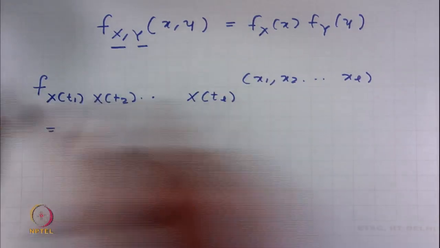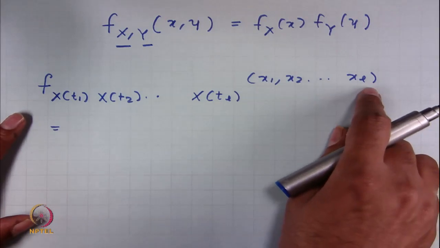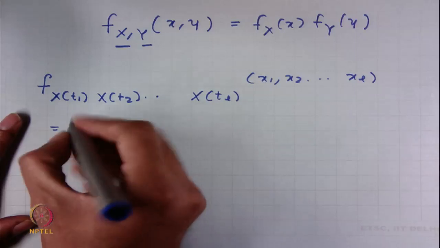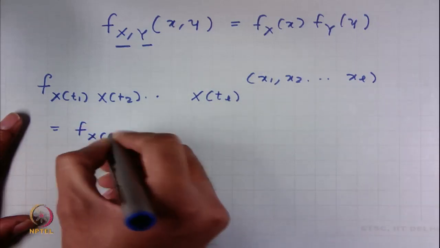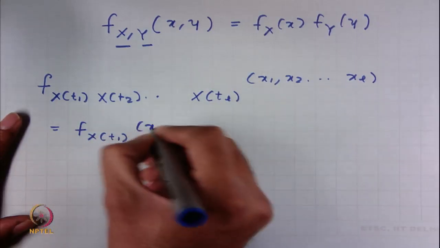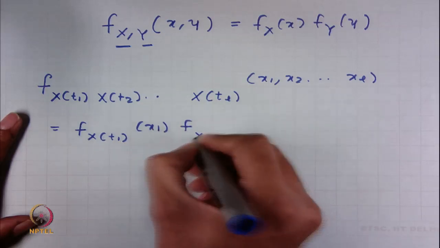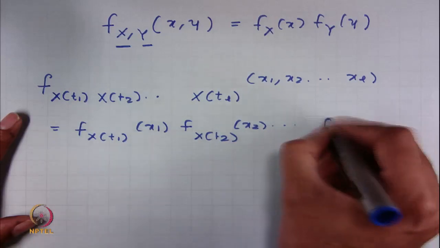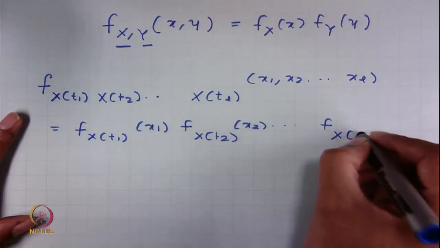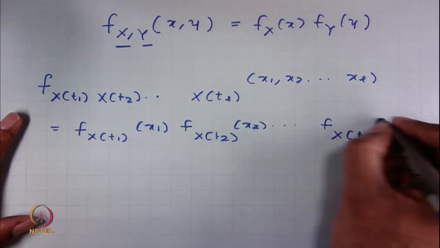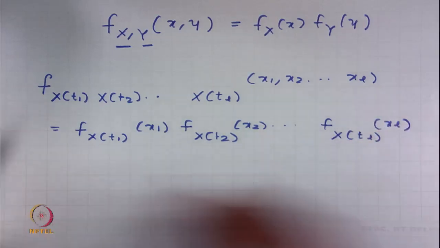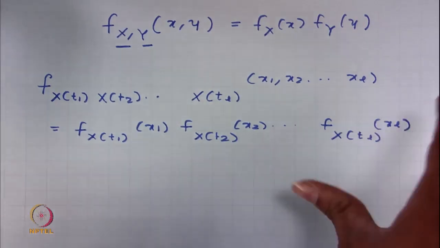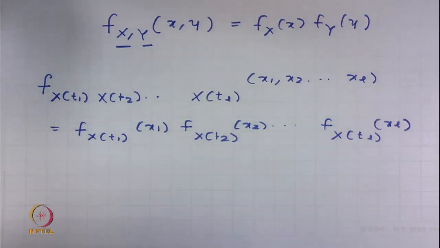Then I can write this joint PDF as a product of marginal PDFs of each random variable. All right. So, this will happen if my process is an IID random process.